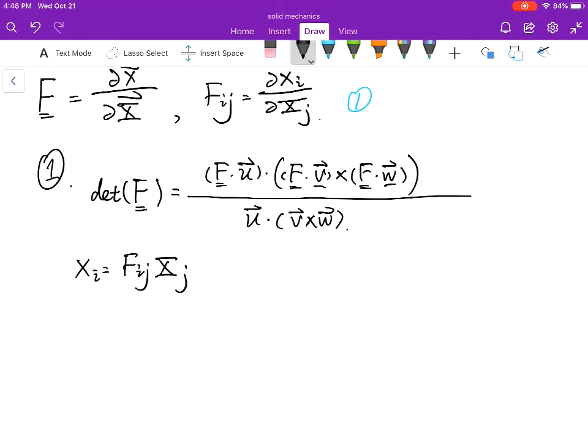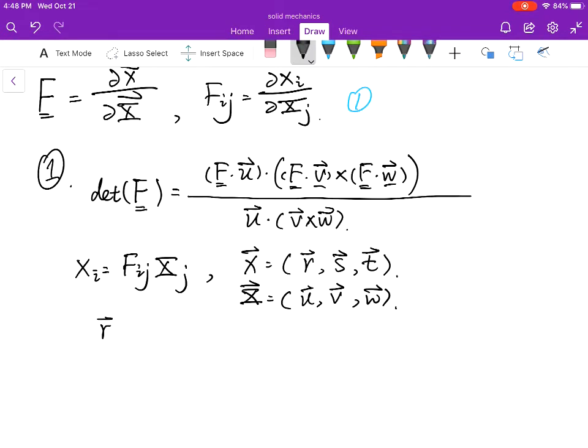If we name the vectors x as r, s, t, and the vectors X as u, v, w, then basically r equals F times u, it's a vector.